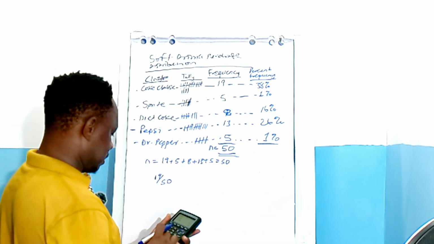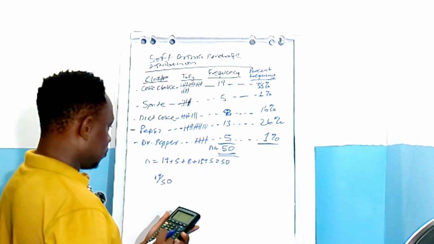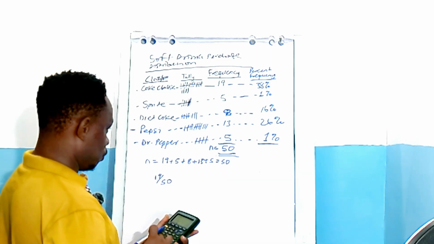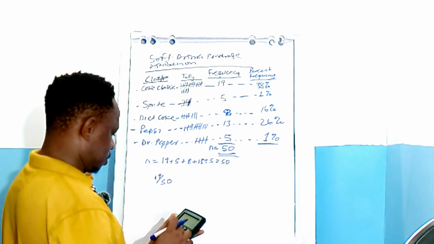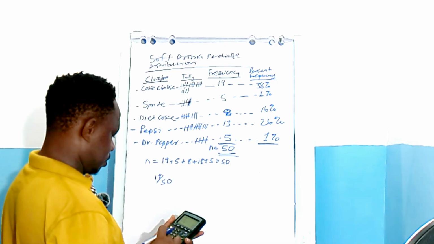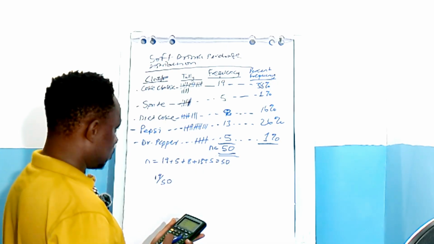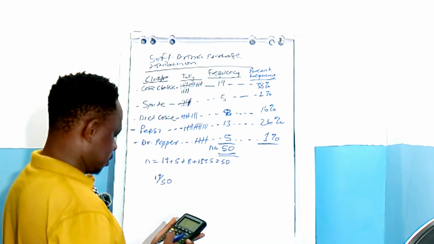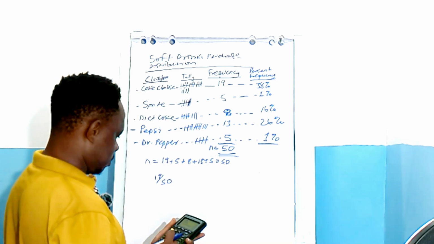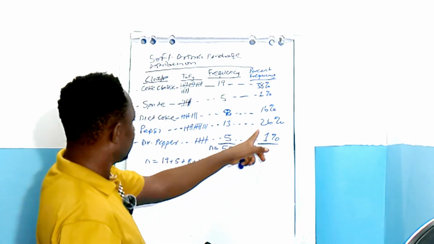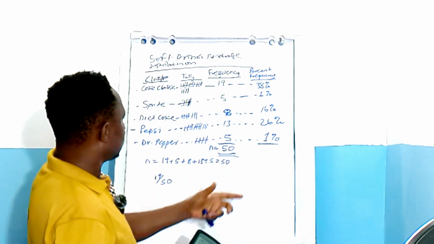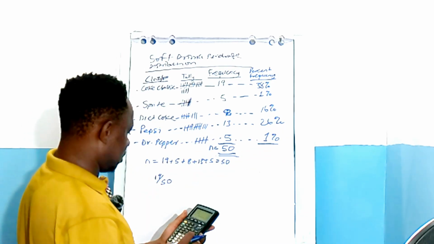So let's say 38 plus 1, plus 16 plus 26 plus 1. But that actually gave us something else.